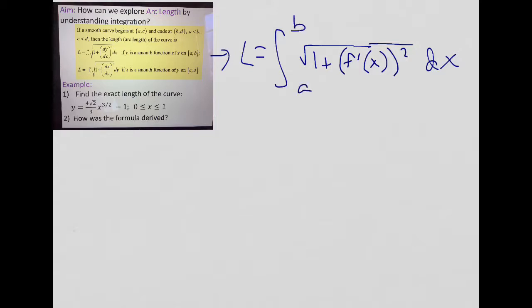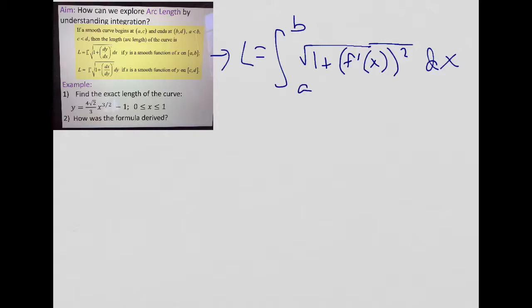Length is the integral of the square root of 1 plus dy over dx, which is our first derivative, so I'm going to call that f prime of x, squared. Then we integrate with respect to x from a to b, because those are the x coordinates of the two points described.